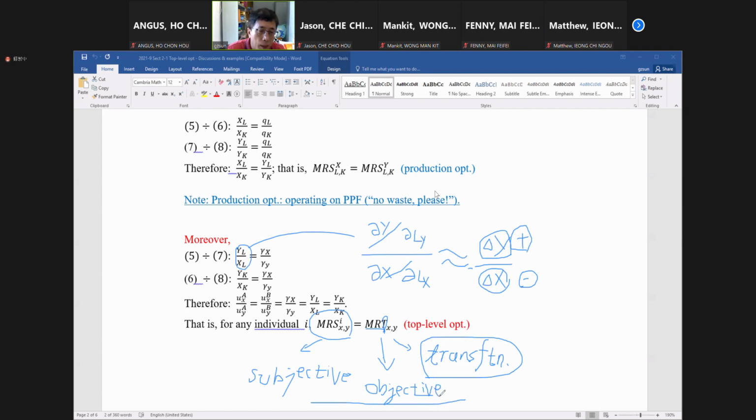So now we put the two things together. One part of the story is about the subjective, and the other about the objective. And then we got to the top level. So this is the so-called top level optimal condition.